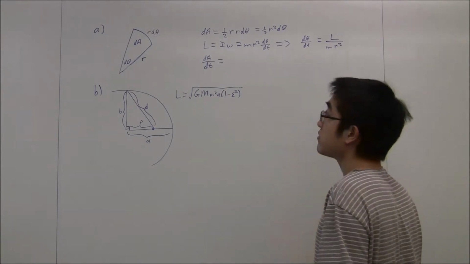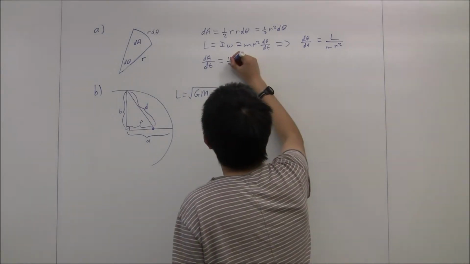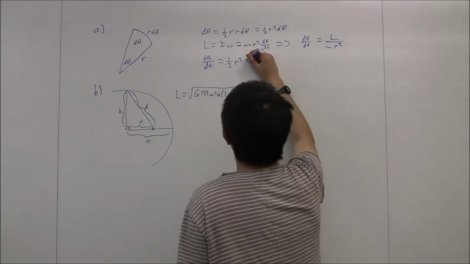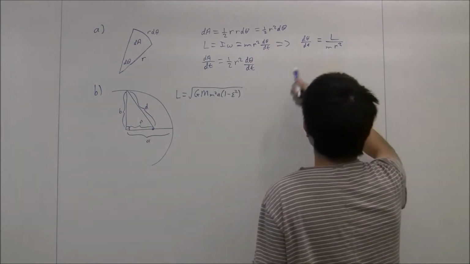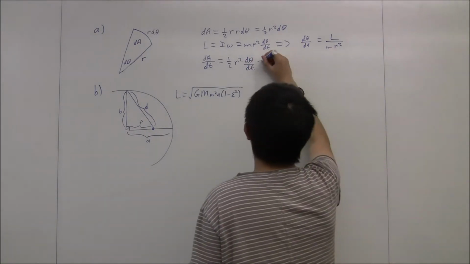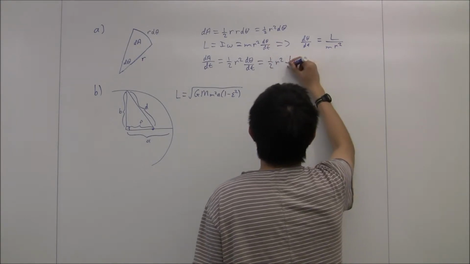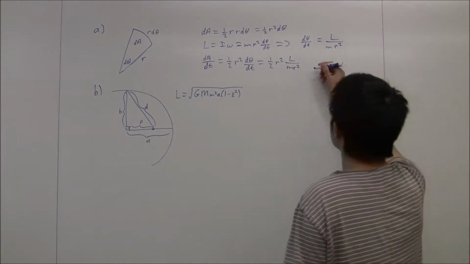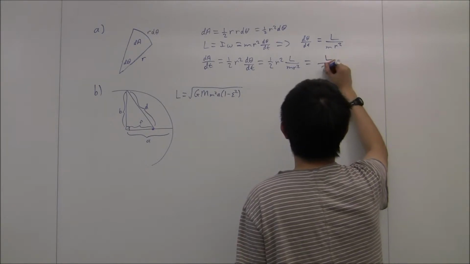Now, the radius, we're going to assume, does not change much with time, so that's a constant. So that's just half r squared, and then theta changes with time, so we get d theta dt. And if we plug in for d theta dt, we get half r squared times L over m r squared. Now the r squareds cancel, and we get our final answer, which is L over 2m.